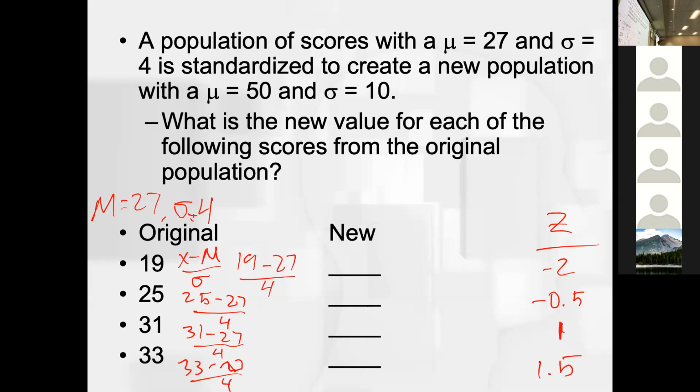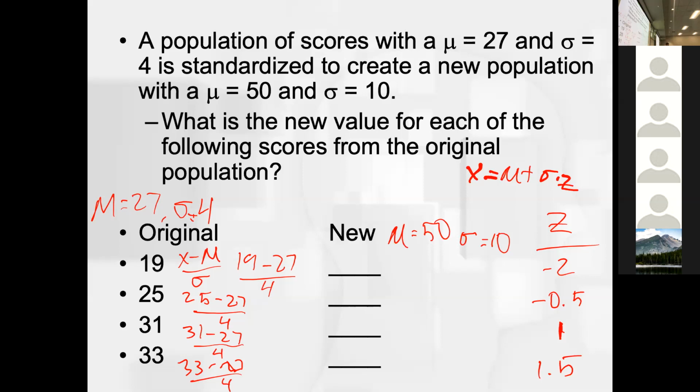What do we do to get the new values? Yeah. And what is that equation again? Either way, you're multiplying it. So yeah, mean plus the standard deviation times that z-score, right? And we want that new population to have a mean of 50 and a standard deviation of 10.